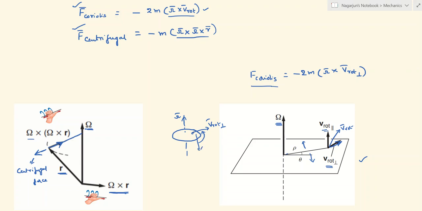So even though the centrifugal force is trying to pull it in this direction, the body will trace a path like this and get deviated in this direction.